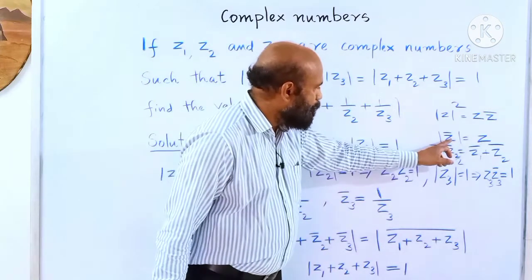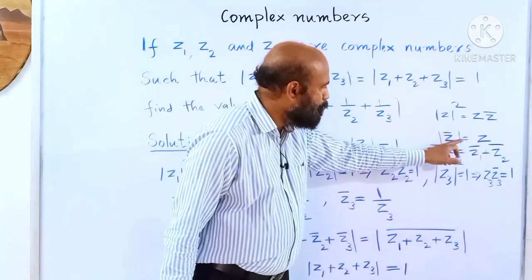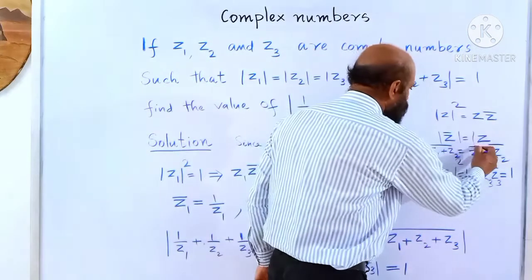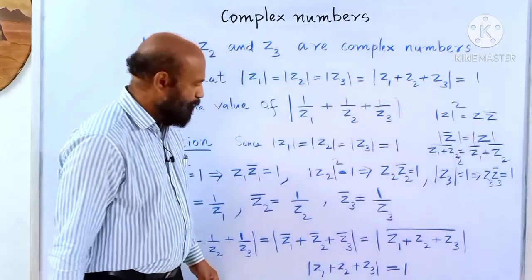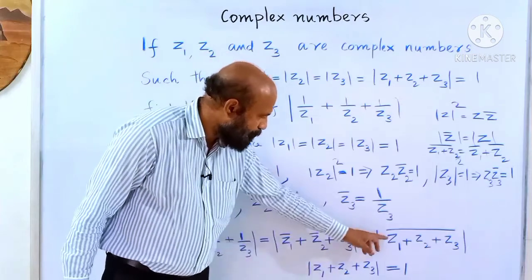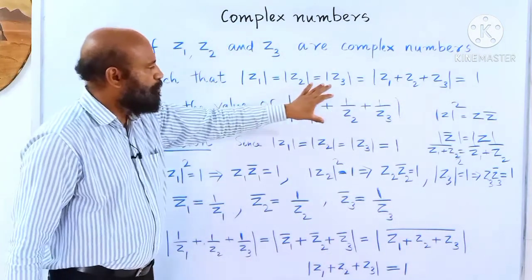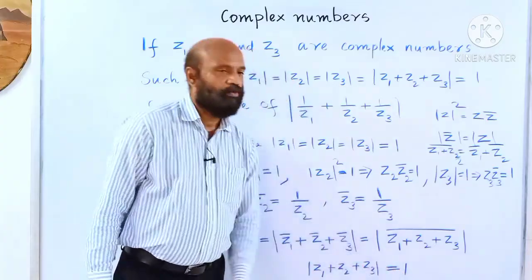Then use this property, modulus of Z conjugate is same as modulus of Z. So you can write like this. Then this is given, so its modulus is 1.